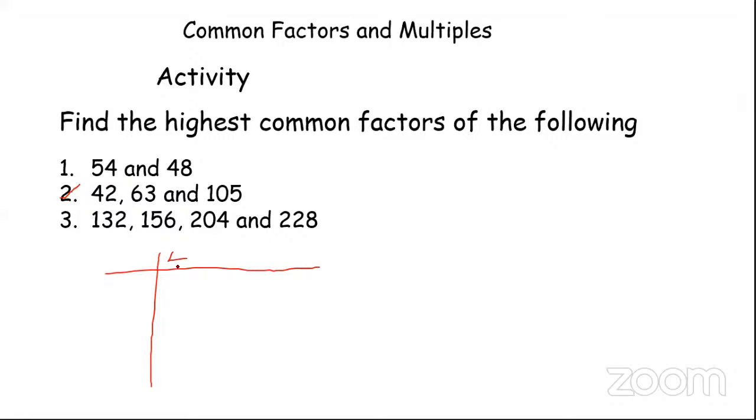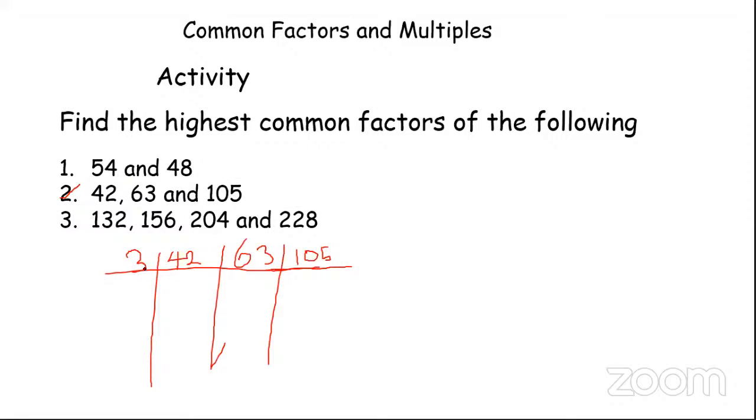So we have 42, then 63, and then 105. So which number can we divide all these numbers by? Is it divisible by all these numbers? 3. Laura, 3?